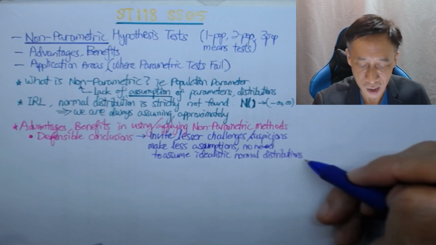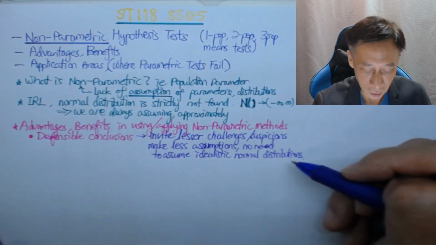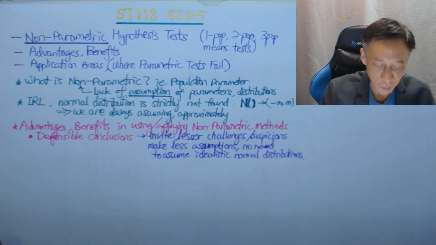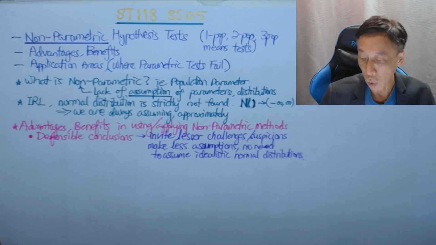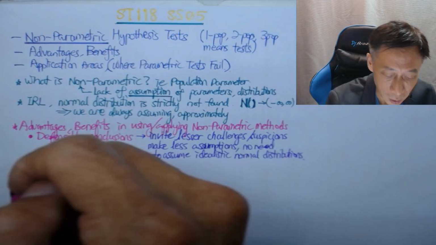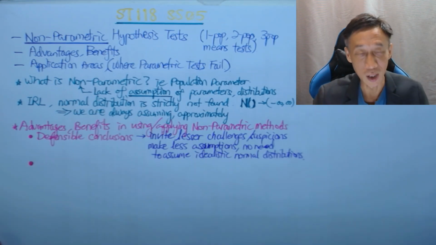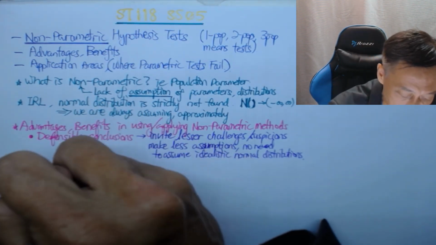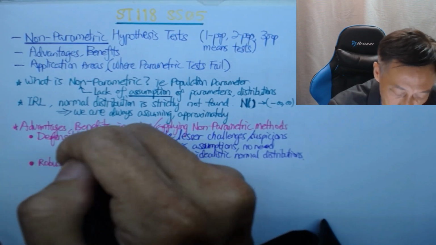That's the key liberating factor. You don't need to make this unrealistic assumption, thereby making your calculations and your conclusions much more defensible. First of all, it doesn't invite people to ask, "Are you sure?" Right? Okay. So next, I would like to propose that non-parametric methods are very robust.